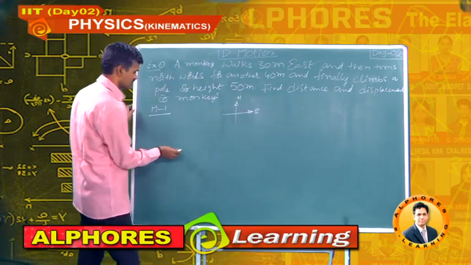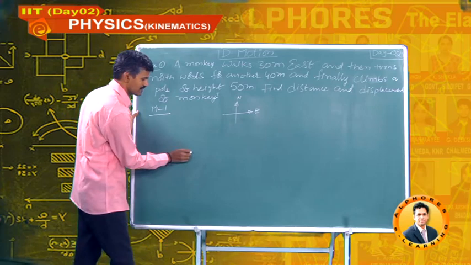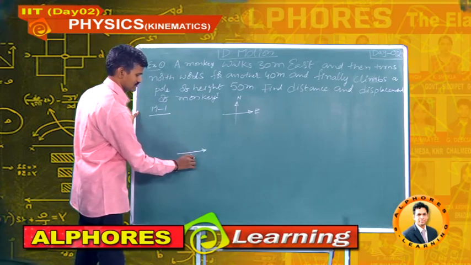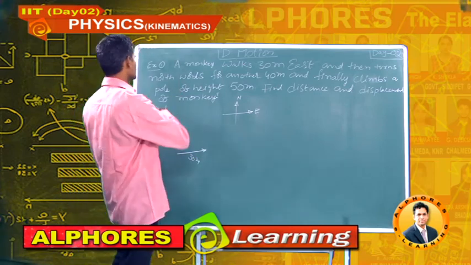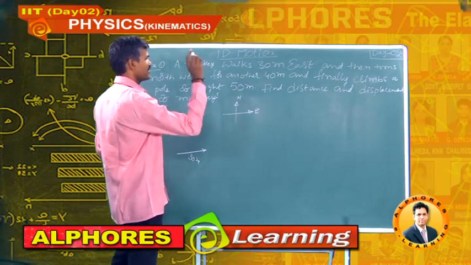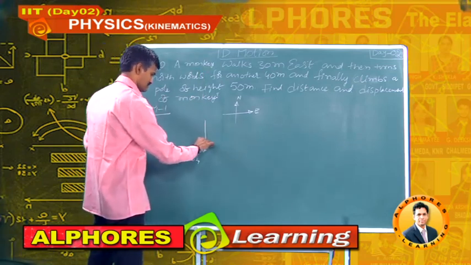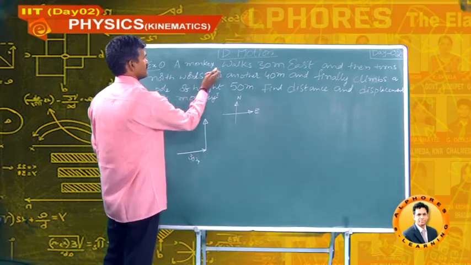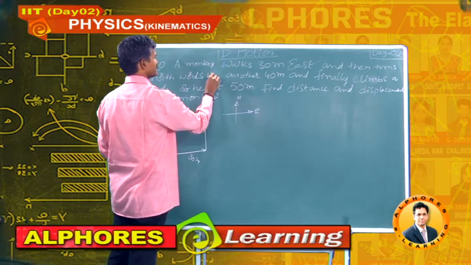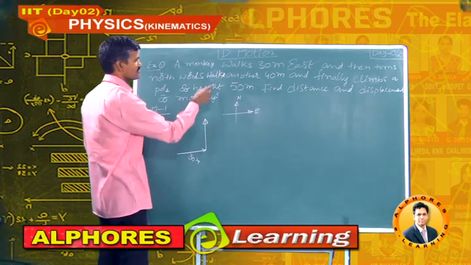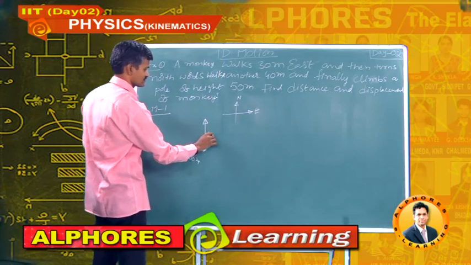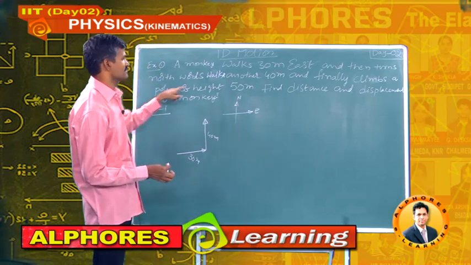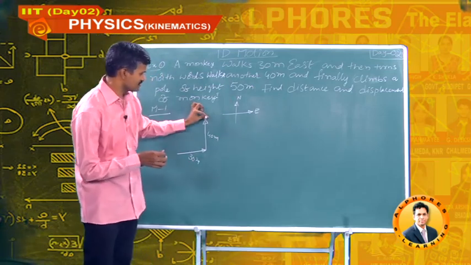So, monkey walks 30 meters towards east, and then turns towards north and walks for another 40 meters. Finally, it climbs the pole of height 50 meters. Here the pole is in this direction.